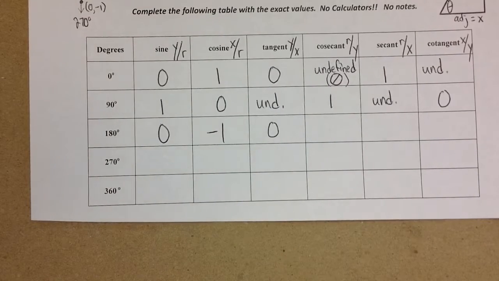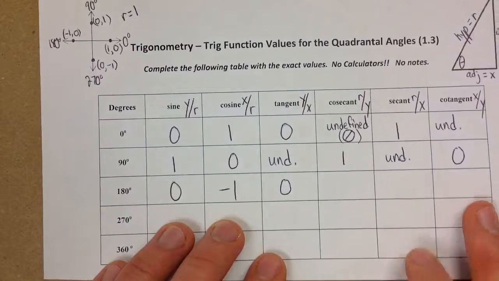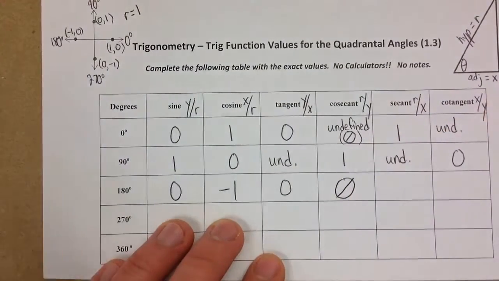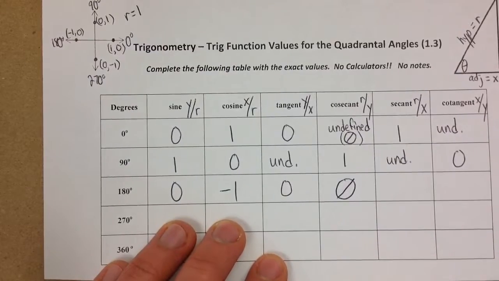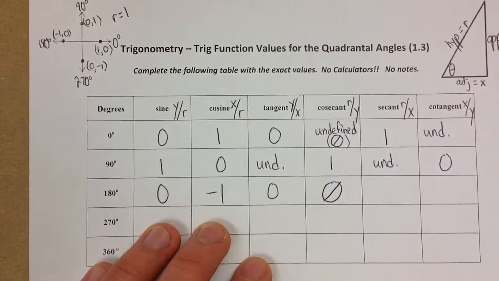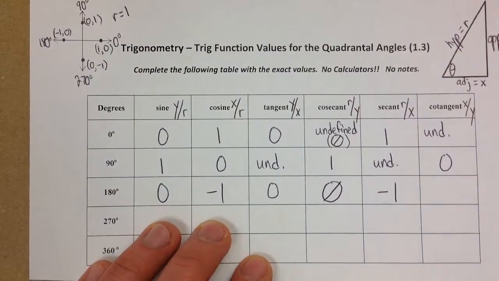Okay, Nakia, cosecant of 180. Very good. It is not a number. Dominique, secant 180? -1. Good. Jessica, cotangent 180?